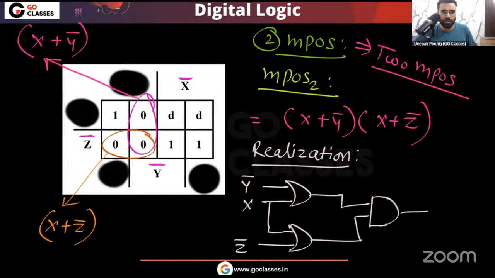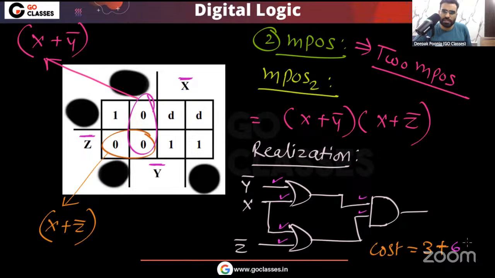Now tell me, what is the total cost of minimal POS realization? The total number of logic gates is 3, plus the total number of gate inputs. Look from the gate point of view: 1, 2, 3, 4, 5, 6.